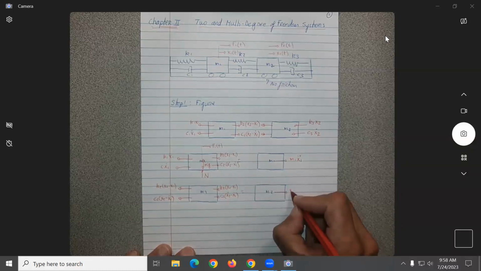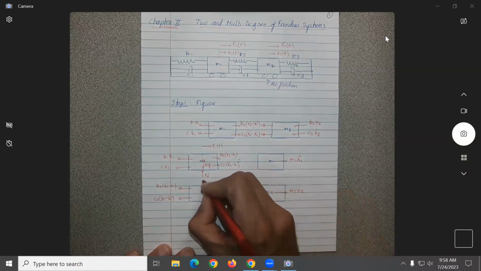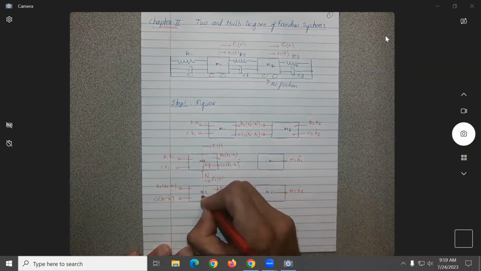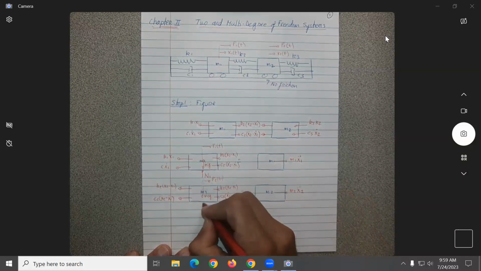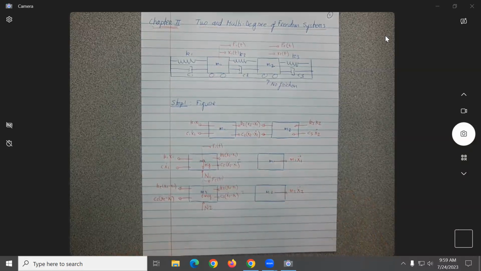It will be moving M2 x dot 2. We could put the same thing as before, the force F2 of t, M2 g, I'm going to call this one N2, and the other one I just add the one for N1 and 2, no? But basically, we don't really need them.